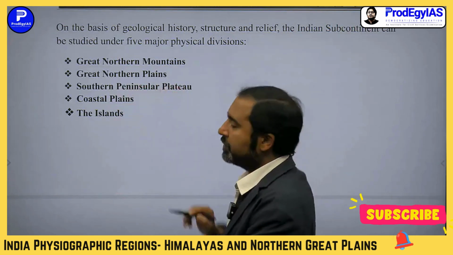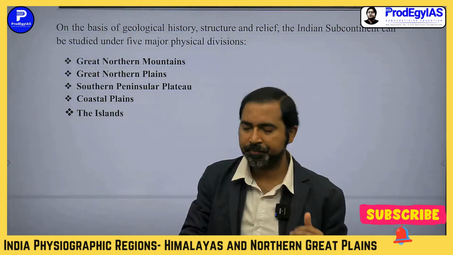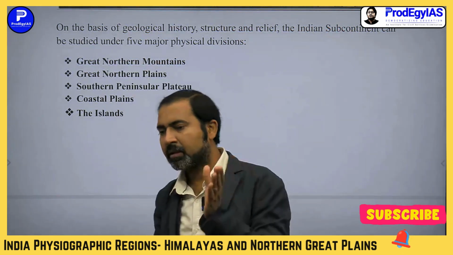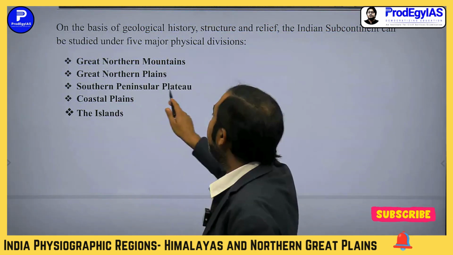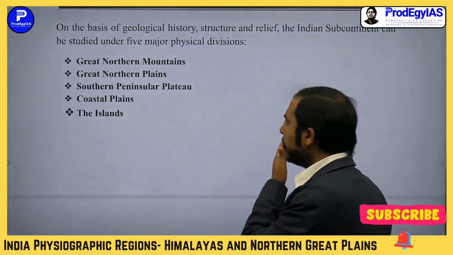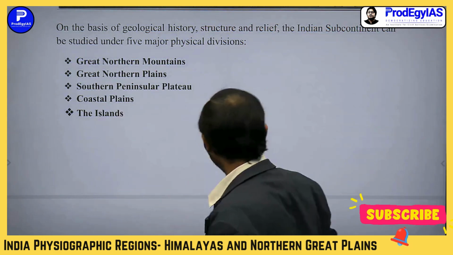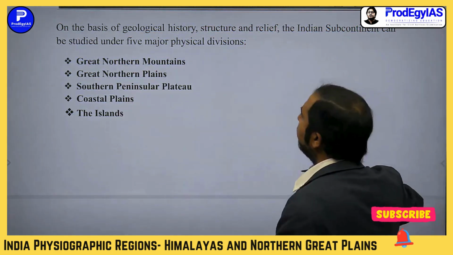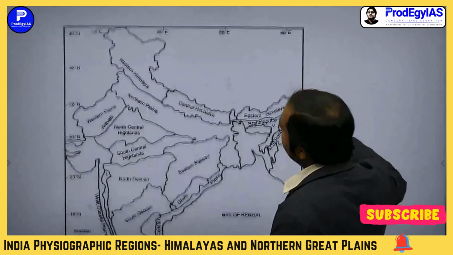Great northern plains, largely they are the plains made by northern rivers, which are Indus, Ganga, Brahmaputra, right? Southern peninsular plateau, this is the southern part of India. Coastal plains in the coastal areas and islands. They are the five major physiographic or physical divisions of India. And let us see this map.